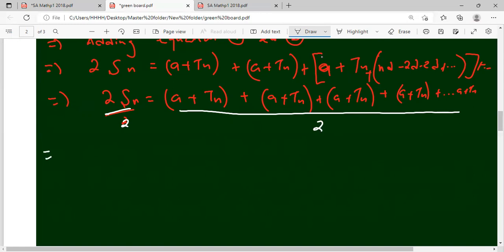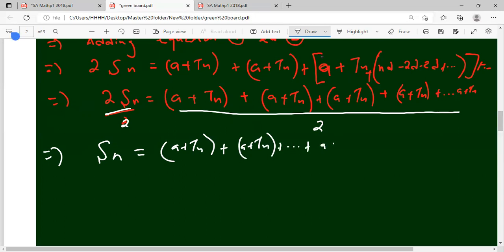So this implies that we have Sn being equal to A plus Tn plus A plus Tn plus so on and so forth, plus A plus Tn. You can shorten it like that, or if you want, you can write everything. This should be divided by 2.